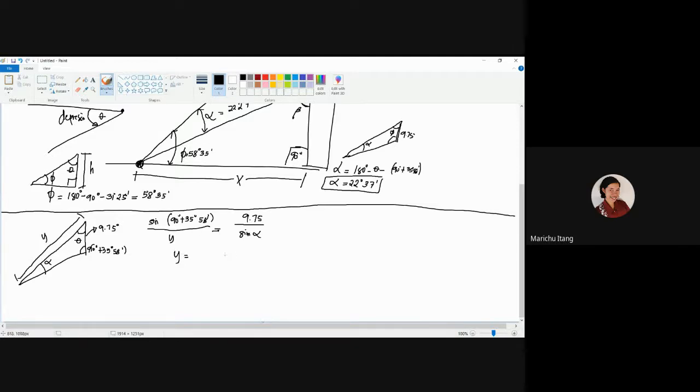That is equivalent to sine of 90 degrees plus 35 degrees 58 minutes times 9.75 over sine alpha.